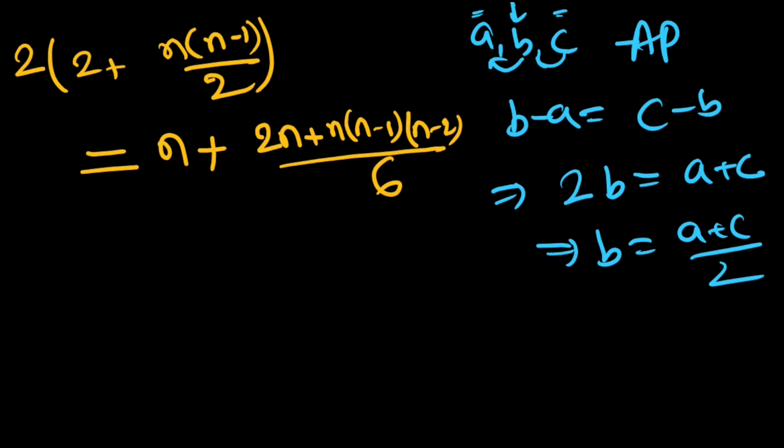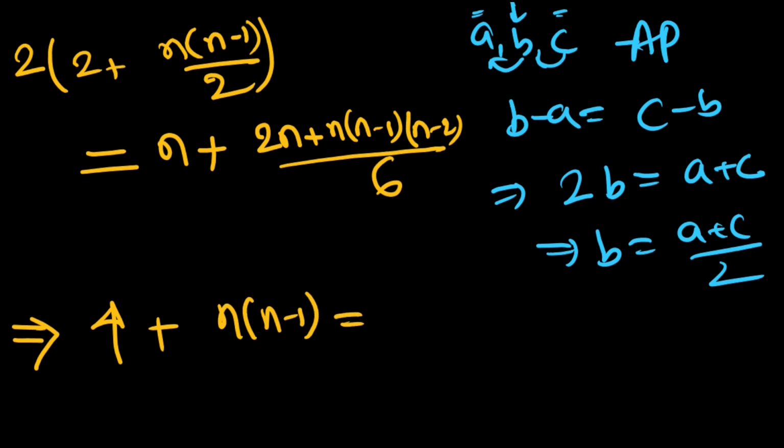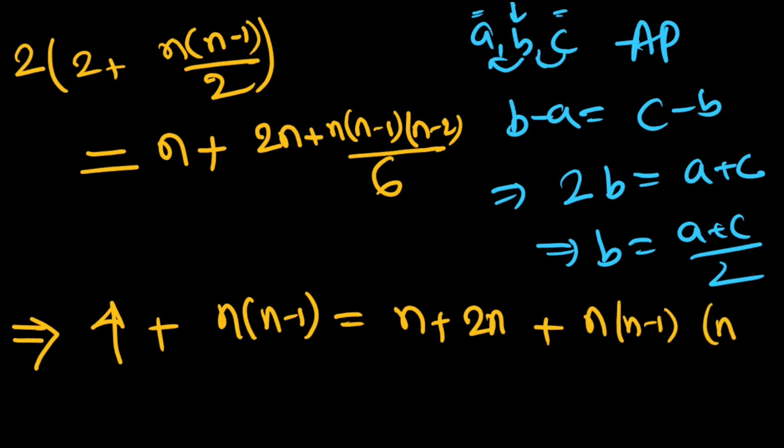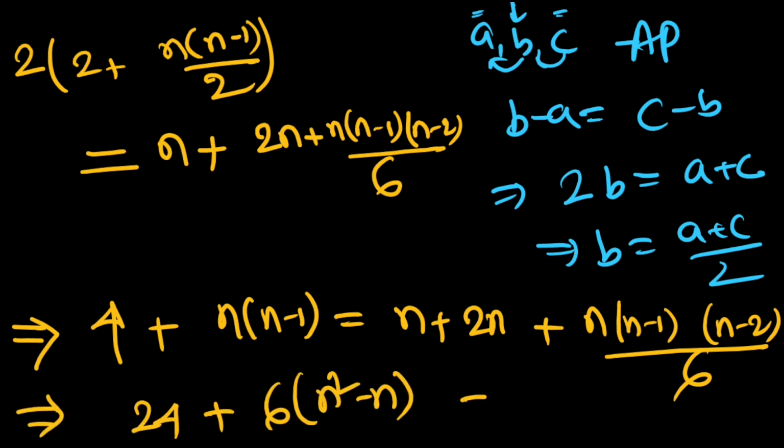This is the equation in n. Now we find the values of n. We multiply, the 4 and 2 cancel, so n into n minus 1 is equal to n plus, here there is a little mistake, 2n plus n into n minus 1 into n minus 2 over 6. So multiply by 6 on both sides, and with minus n, that is n plus n, 3, multiplied by 6 it is 18n plus n square minus n into n minus 2.